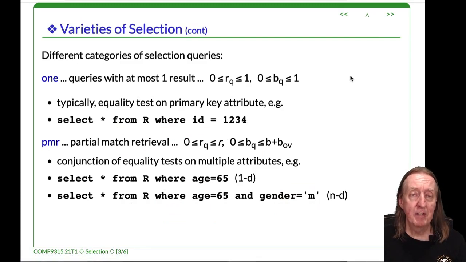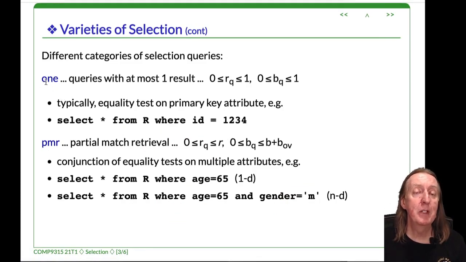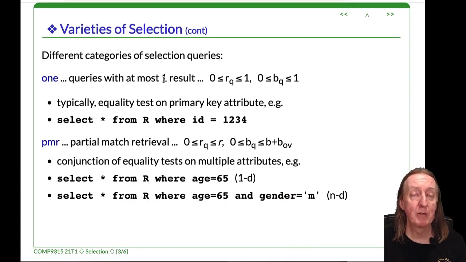All right, so there are different categories of selections, and I've given them names. Queries that return at most one result, I've called one-type queries. So RQ is either 0 or 1, and BQ is either 0 or 1.